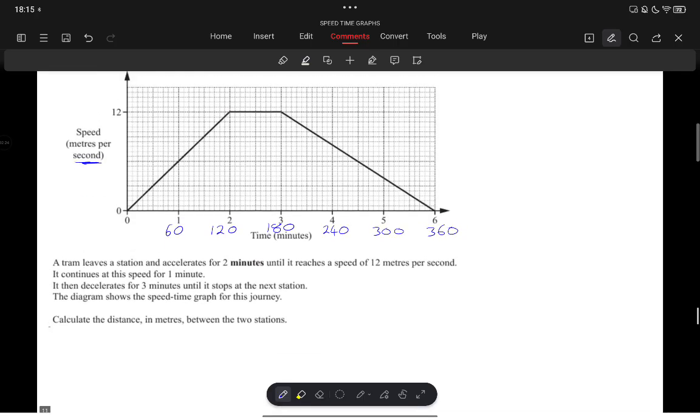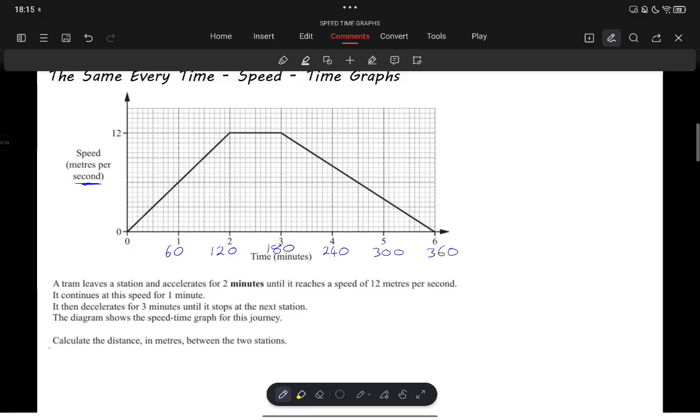So that's why we need to have our units matching up, because if I have my speed in meters per second and my time in seconds, my distance is going to come out in meters. So the units for the time have to match up, seconds and seconds.